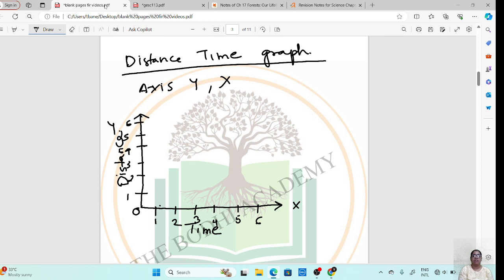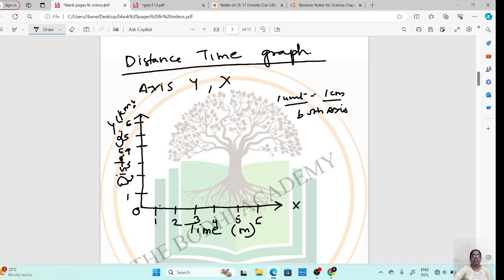The distance between each number has to be constant, as in 1 unit will be like 1 centimeter. So this we have to keep constant for both the axes. And the unit of time over here is given as minutes and here it is given as kilometers. So this is also very important when we represent any data using a distance time graph.